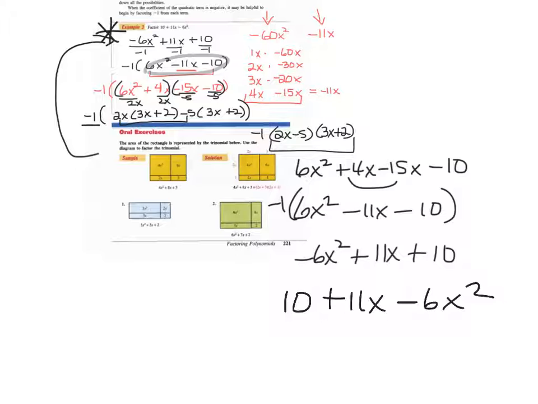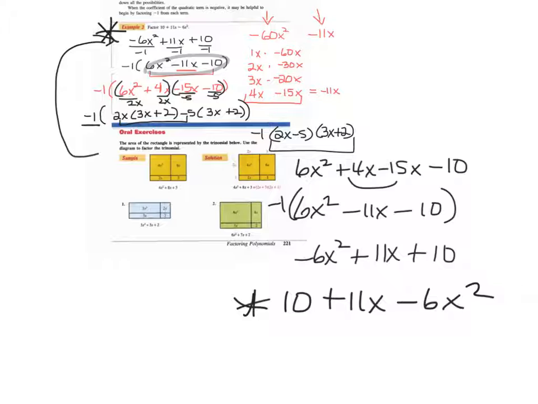Now, you can factor it from this point if you want. Just know later on in Algebra 2, it's going to be important that our leading coefficient in front of our x squared is positive. Okay, but you could factor it the way it was originally given to you. And that's the way that the textbook explains that example.